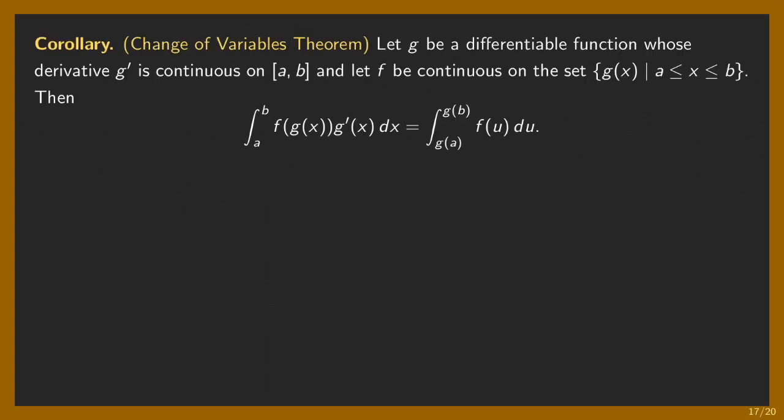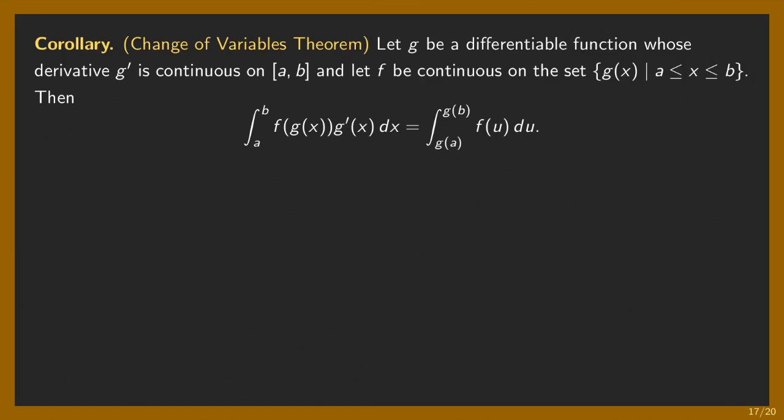Now, one of the many corollaries of the fundamental theorem is the change of variables theorem. In basic calculus you called this u-substitution, but here we are fancier, so we call it the change of variables theorem.